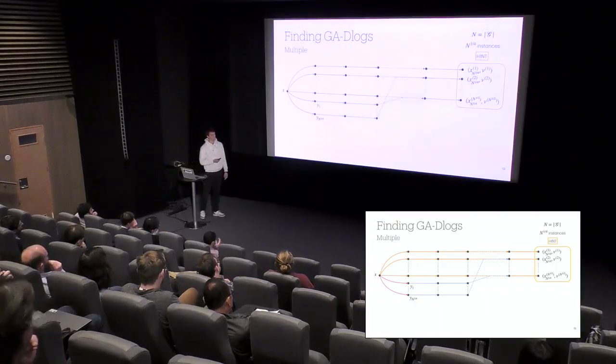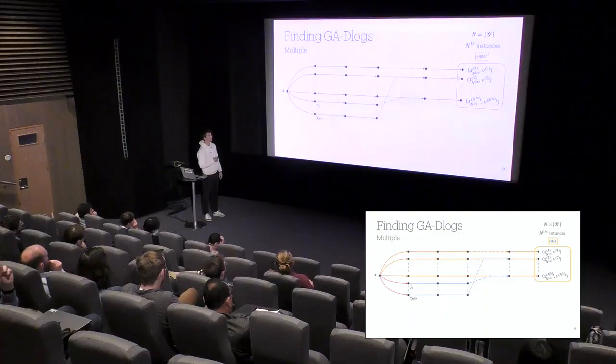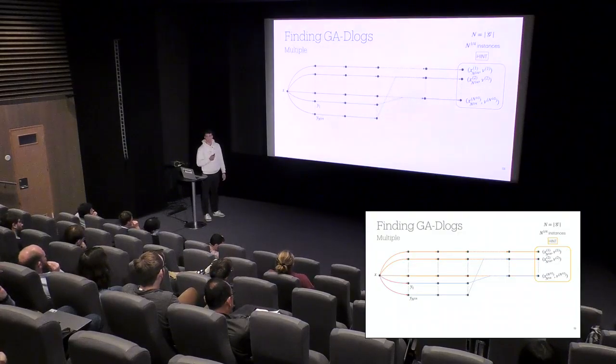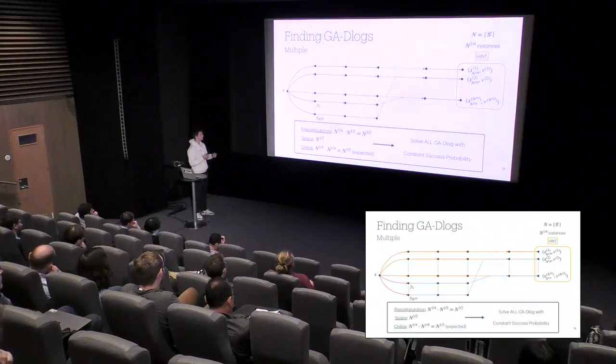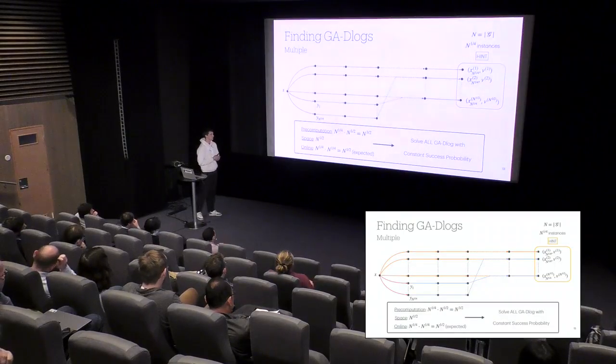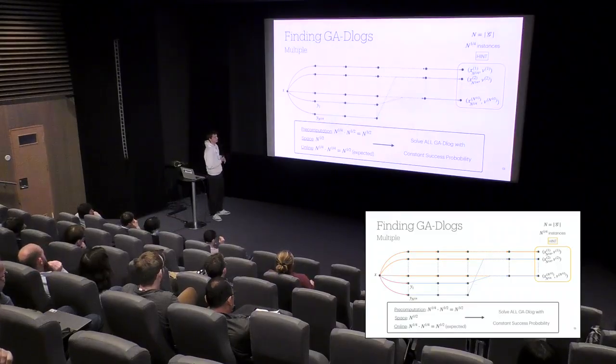And so if the blue walks are long enough, they will eventually hit one of the endpoints again. And I've shown you before that such collisions directly yield the desired GA D-log. Right? And we have a similar theorem in this case, for which we can solve all the instances with constant success probability.